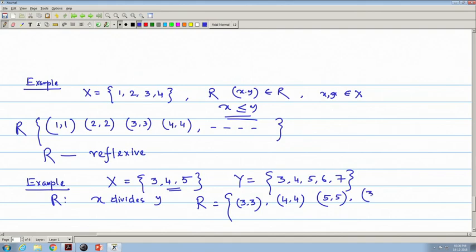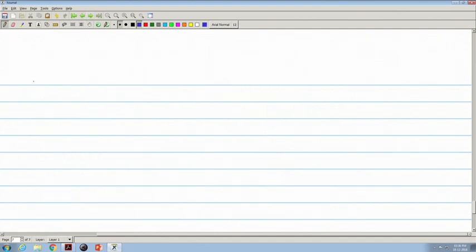Along with other elements, (3,6) will be there. So, this is also reflexive, because the element divides itself.